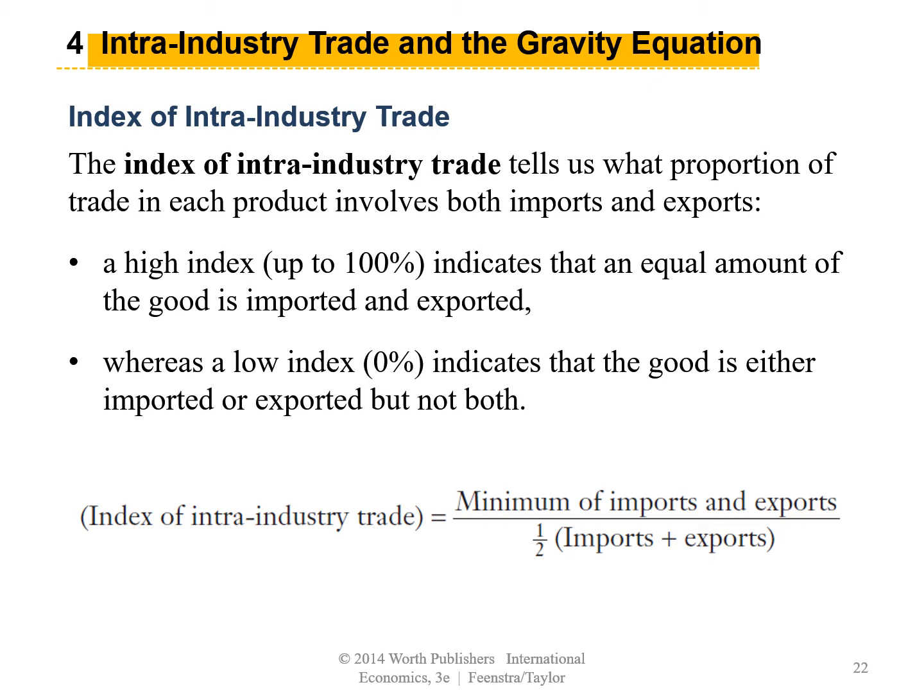So 10 over 55 is approximately 1/5, or 20%. Not exactly, of course, but let's just say approximately 1/5. So that indicates US trade in coffee is very unbalanced. The US imports a lot more coffee than it exports.